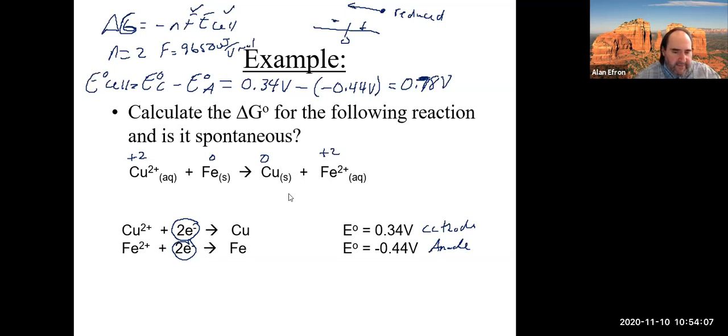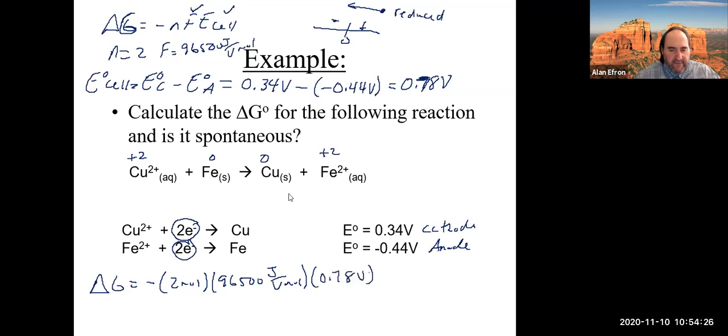That means we have everything that we need to go into here. Delta G would equal minus 2 moles, times our F, which is 96,500 joules per volt per mole, times our E of the cell, which is 0.78 volts.